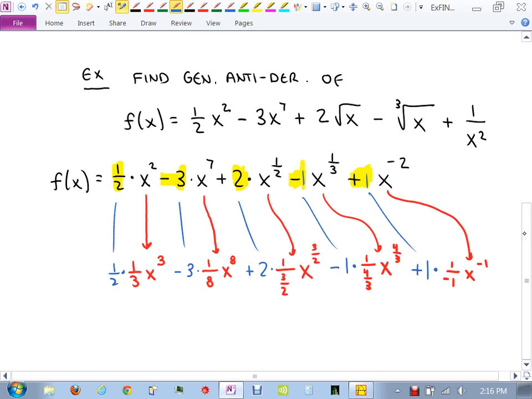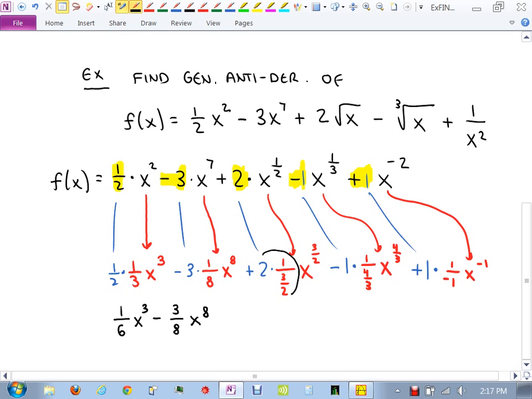Let's look at that first one. 1/2 times 1/3 is 1/6. So I've got 1/6 x cubed minus, let's see, 3/8 x to the 8th. What is 1 over 3/2? It's 2/3, isn't it? It's the reciprocal.